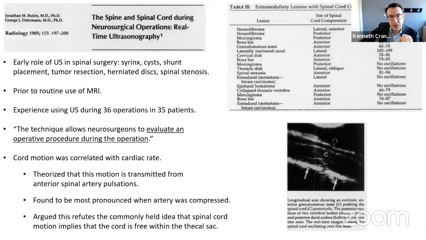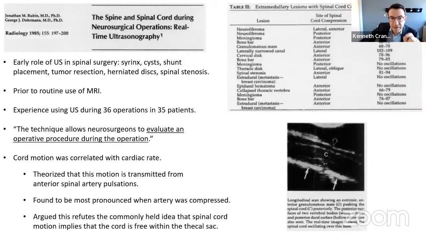I would say that the biggest way that it changes my decision making is anytime there is pathology that is ventral to the thecal sac, because my approach for thoracic disease that's in front of the spinal cord is to take a posterior lateral approach where I'm doing a transpedicular or a costotransversectomy in order to reach that pathology rather than going transthoracic or anterior, is that it allows me to see what's there.